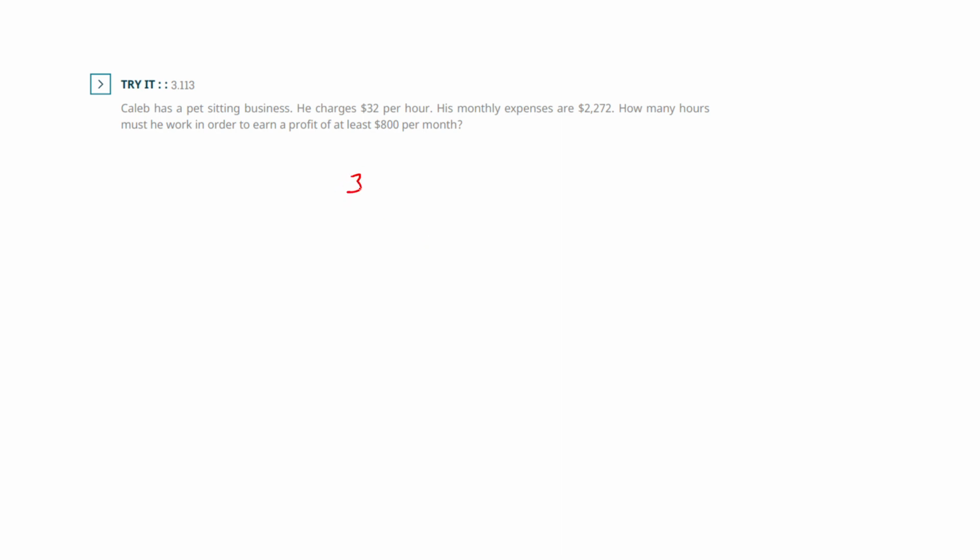Okay, so similar thing here, $32 per hour. And then we've got some expenses too. How much in order to earn at least $800? So that would include 800 to be greater than or equal to. So we can get 800 or more. So we're going to send 2272 to the other side.